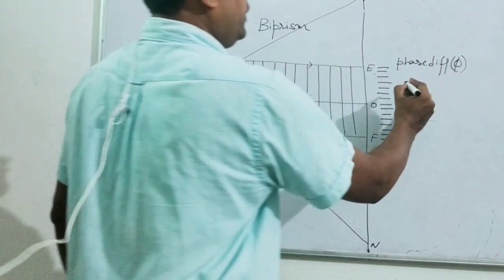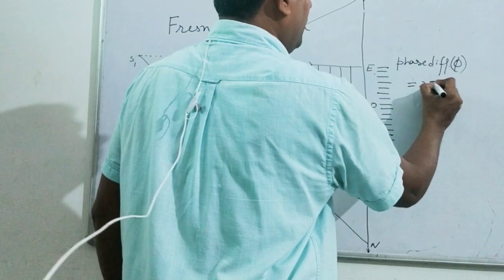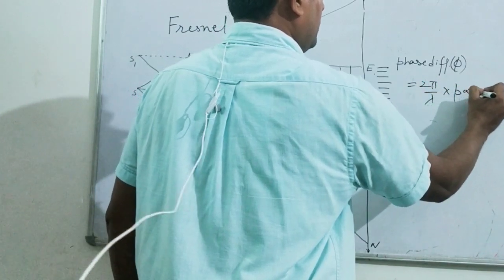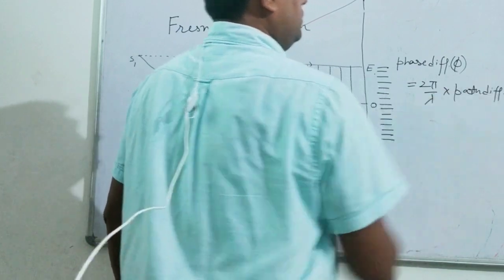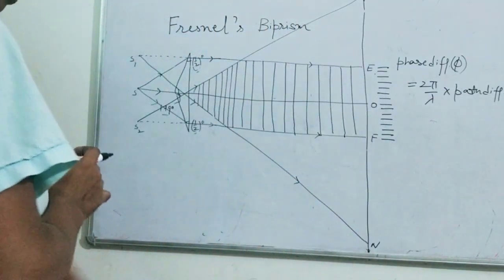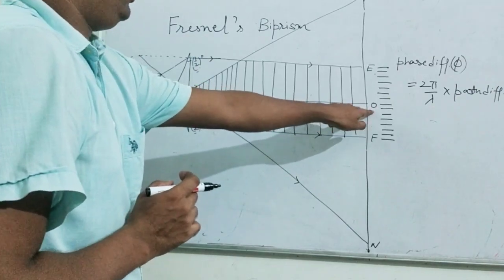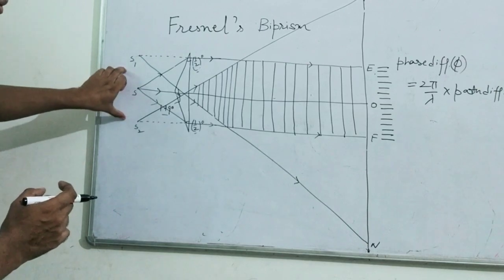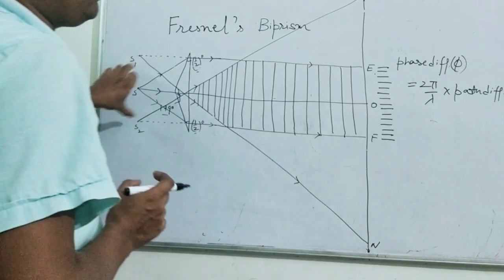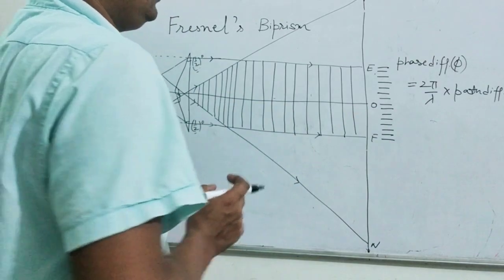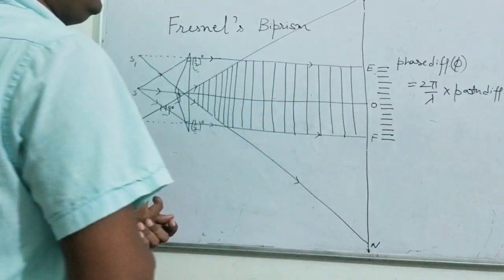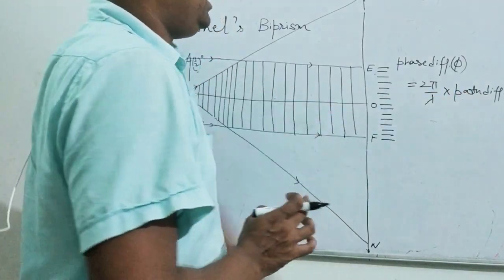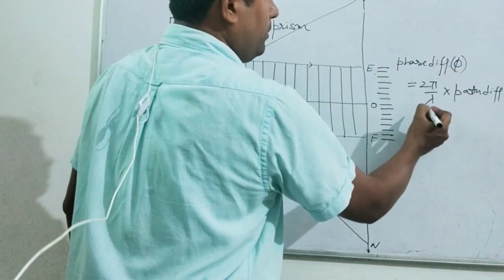Now we have the relation: phase difference equals 2 pi by lambda into path difference. Let us see at point O, the rays from S1 and S2 will travel equal distance to reach the point O. So we have path difference 0, and similarly the phase difference will be 0.